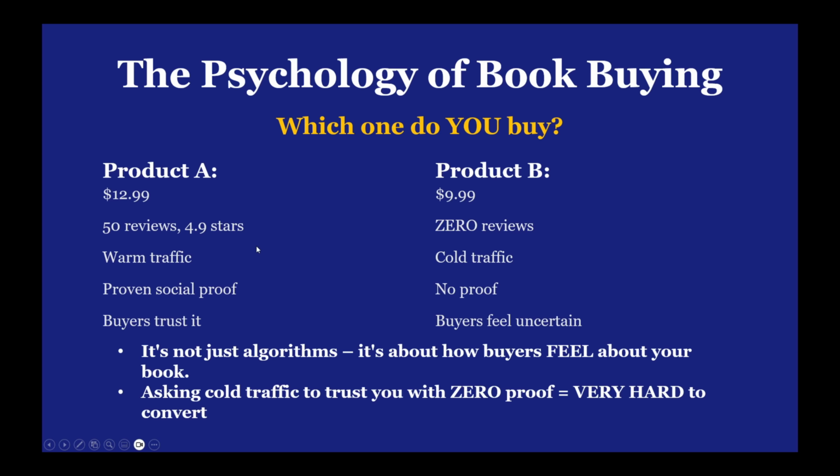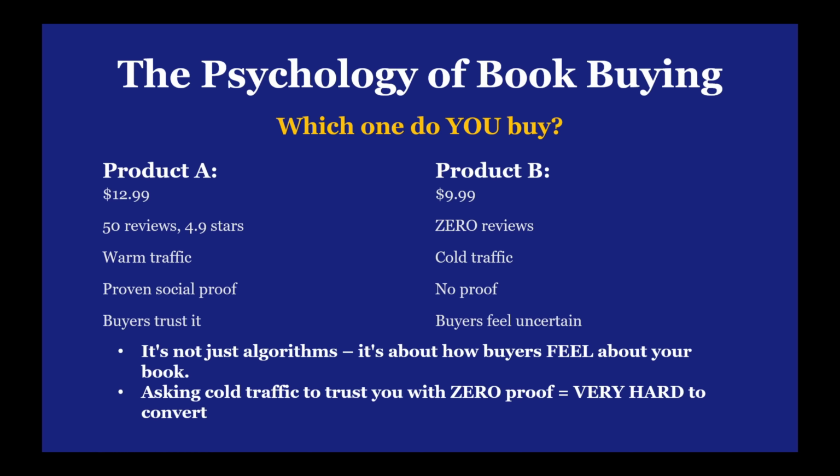So in this case, product A definitely is favored by buyers. Not only that, the Amazon algorithm will see all this positive social proof and data gathered on the backend. So when the buyer has to choose between product A and product B, obviously the buyer will have a lot more confidence in product A.